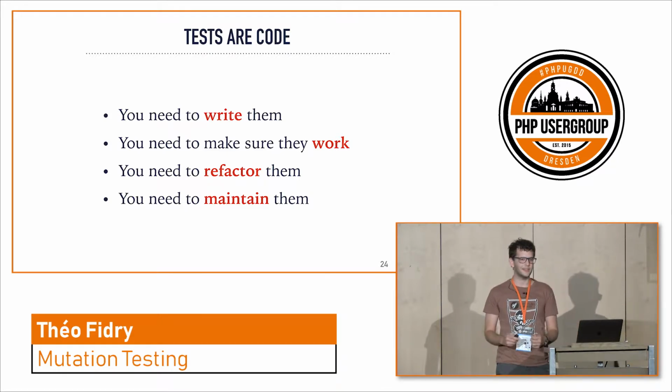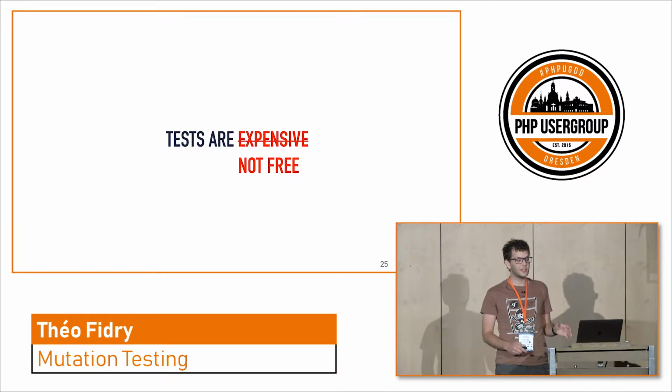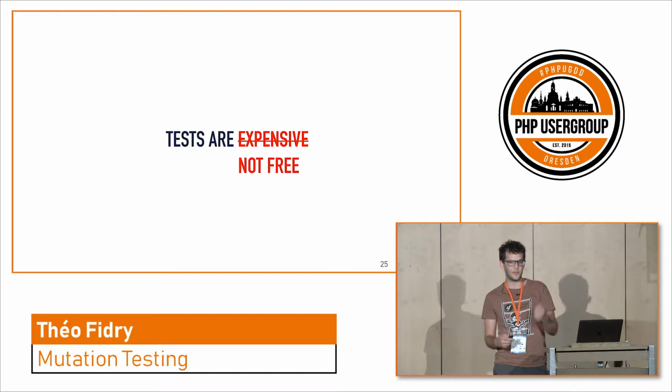You need to maintain them as well. So those are properties of code. So your tests, like your source code, are not free. Expensive might not be the right term, but they are not necessarily cheap. You need to be aware that there's going to be a cost by introducing those tests. And the idea is that you need to introduce them only if they're worth it.